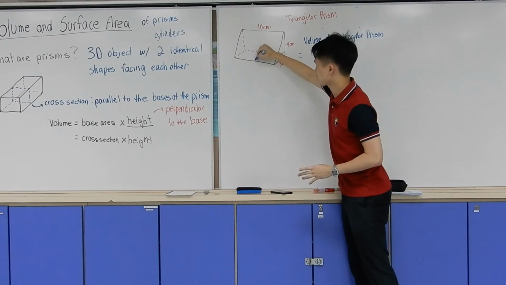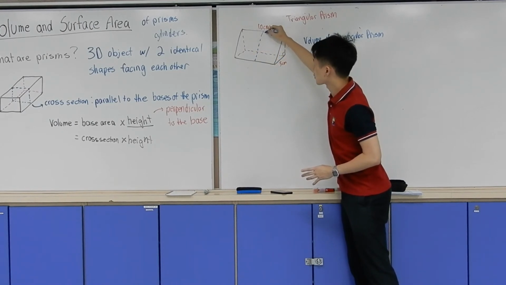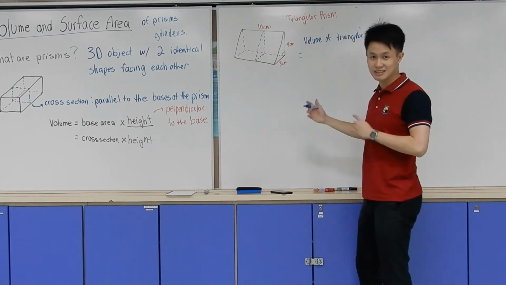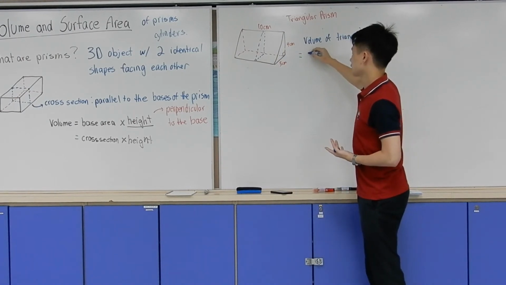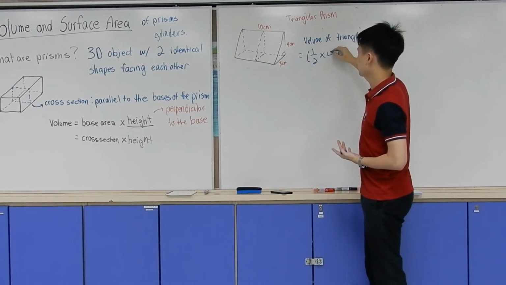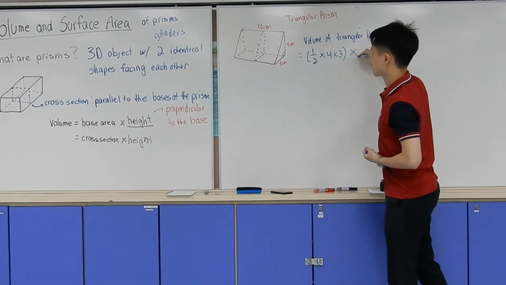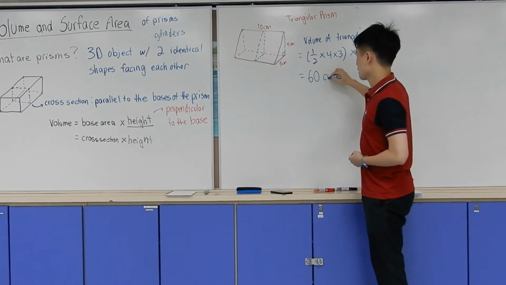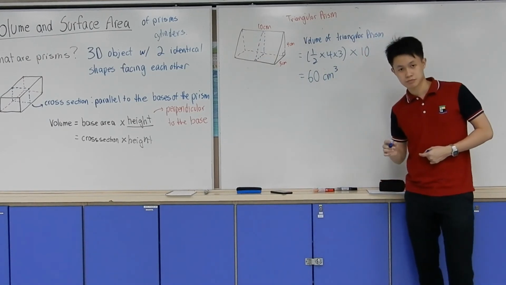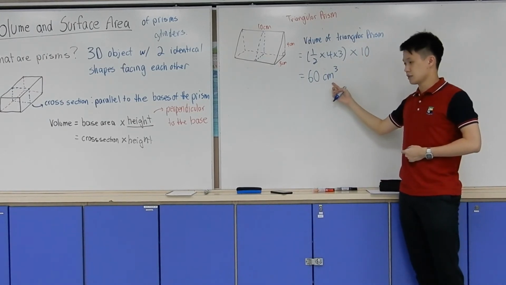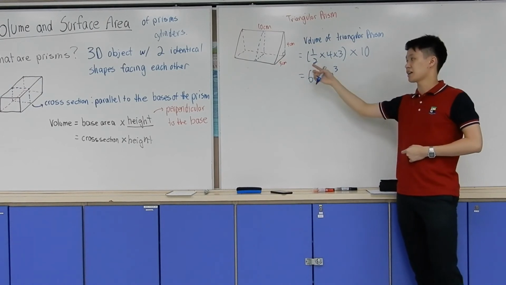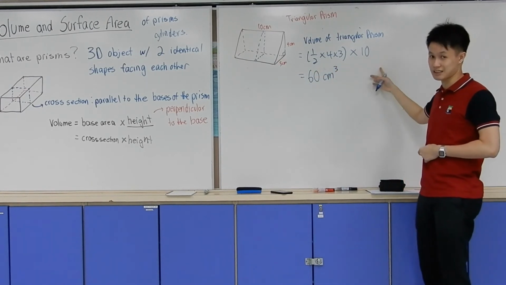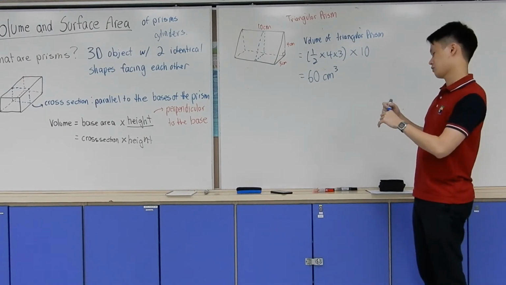The cross section here is also a triangle, the same. So the area of the triangle is half times 4 times 3, multiplied by the height of 10. What I have here is 60 cm cubed. Volume is in cm cubed because you're multiplying area, which is already cm squared, by a height in cm, so it becomes cm cubed.